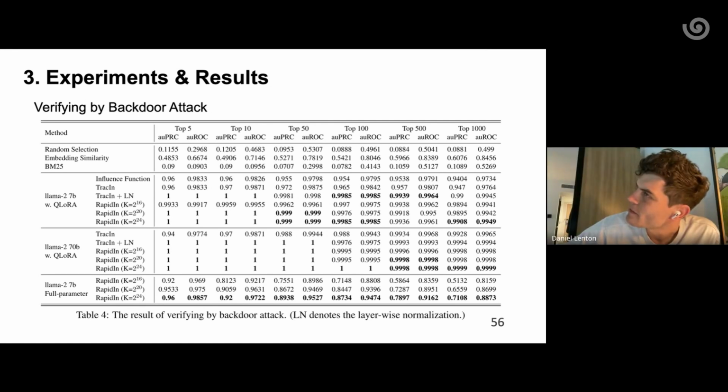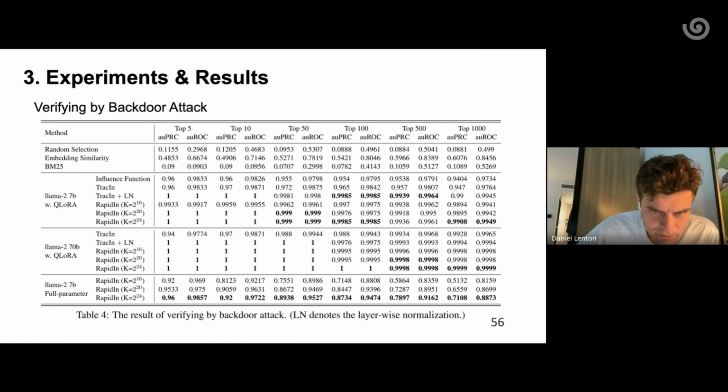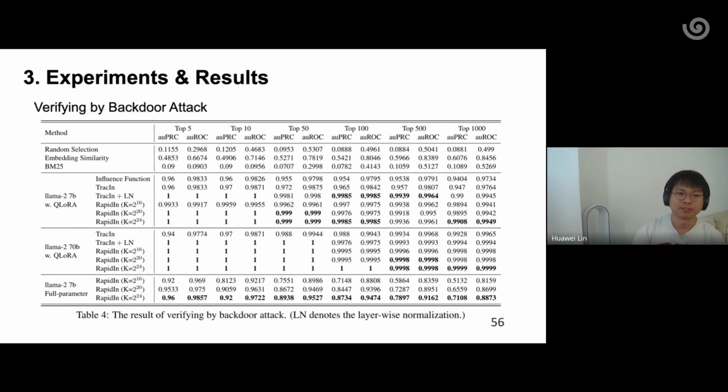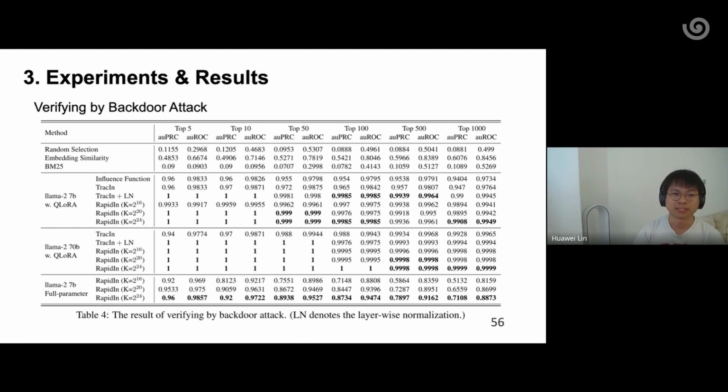But here we did an ablation study on a smaller model. We use Llama 2 7 billion with QLoRA. And this is very small, like 4 gigabytes. So we compare our method with the tracing and influence function, which we can see in this table. And we actually get better performance than the influence function and the tracing, even though we use a lot of approximation.